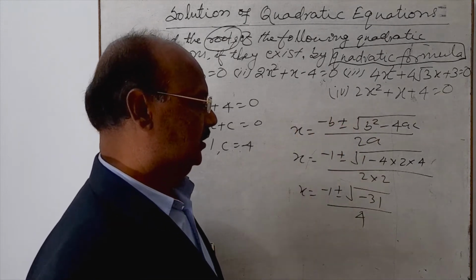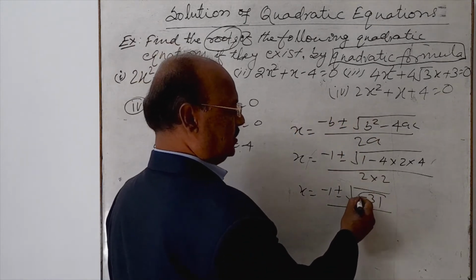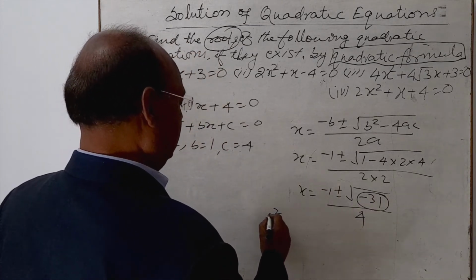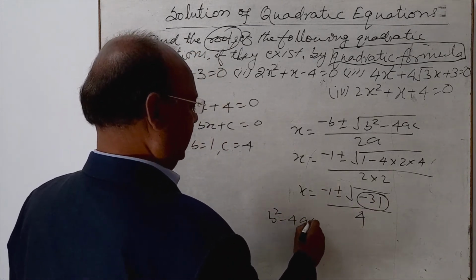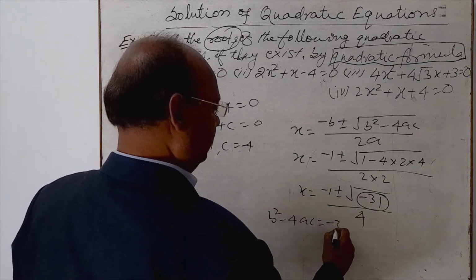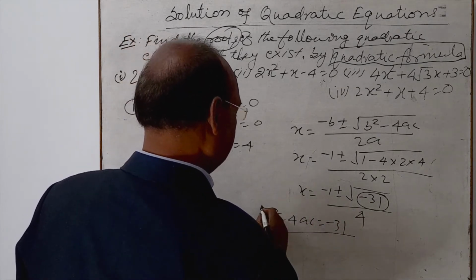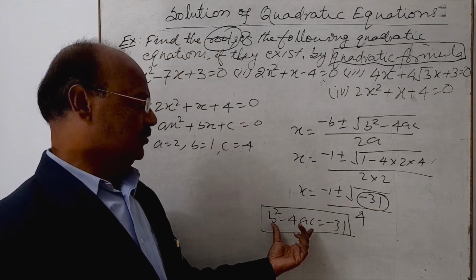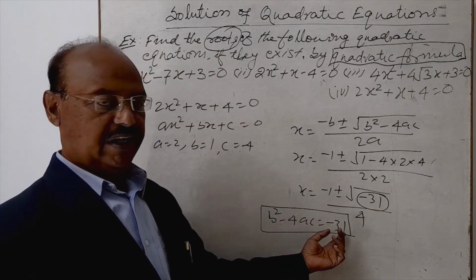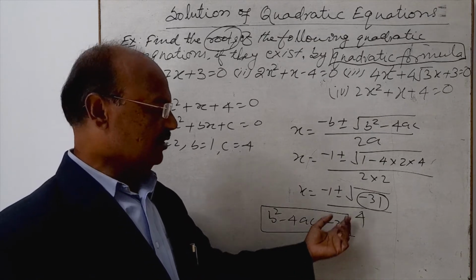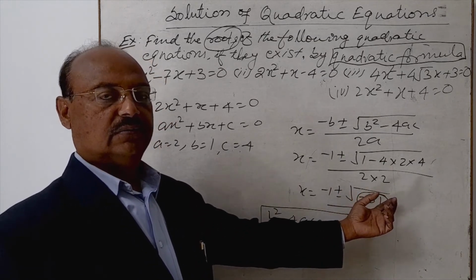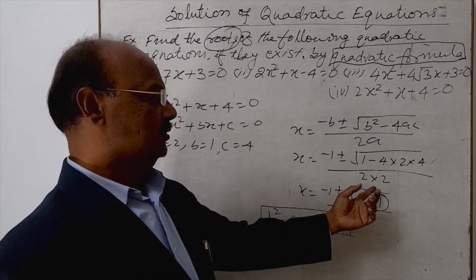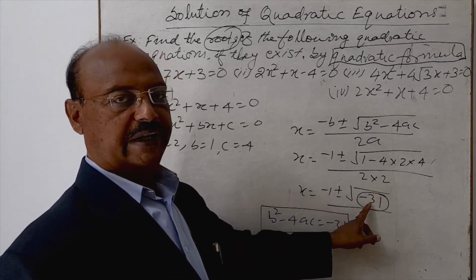Why? Because the value of b square minus 4ac here is negative. So whenever the value of b square minus 4ac is negative, correct, there will be no proper number whose square will be minus.